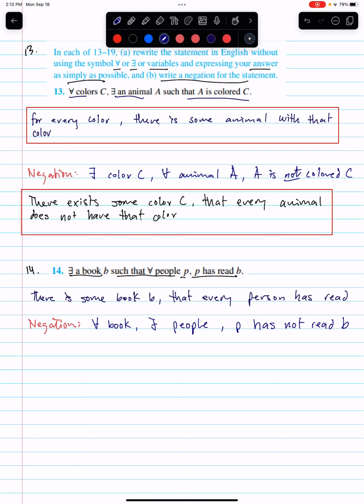So if you read this out directly, it says for every book there are some people who have not read that book.